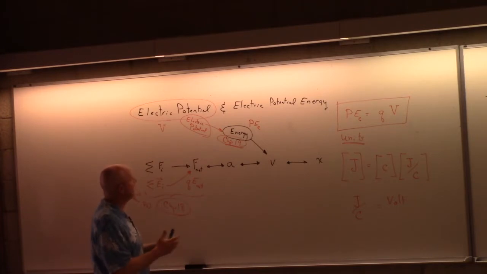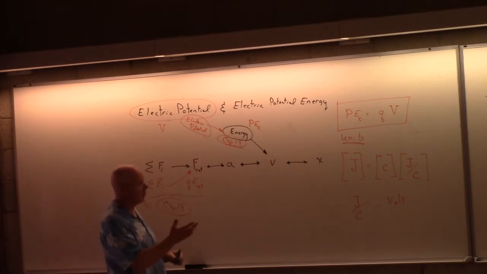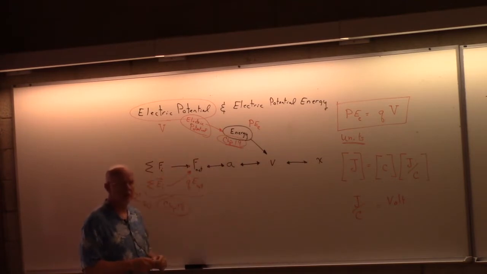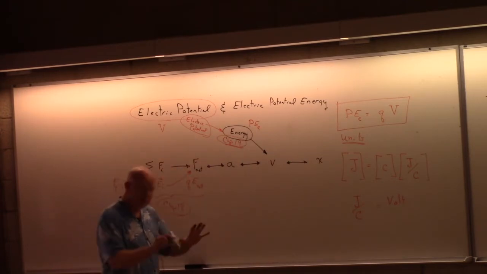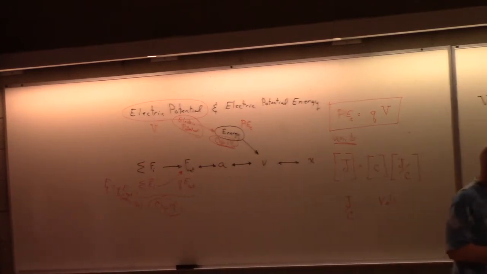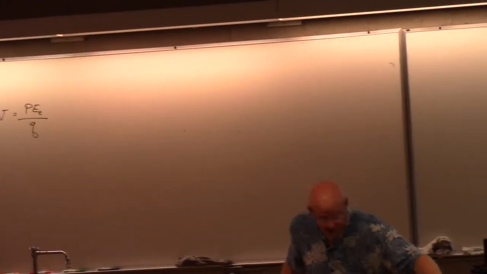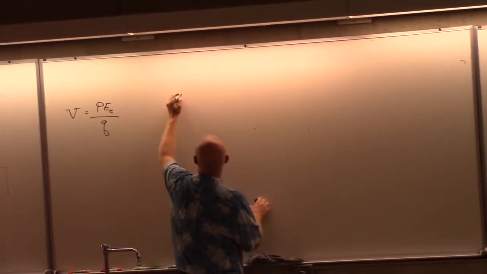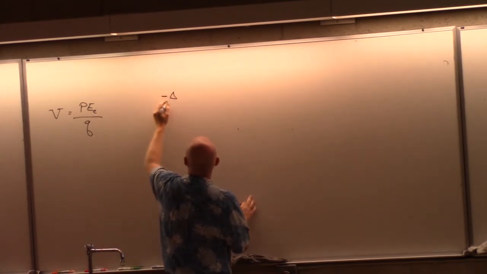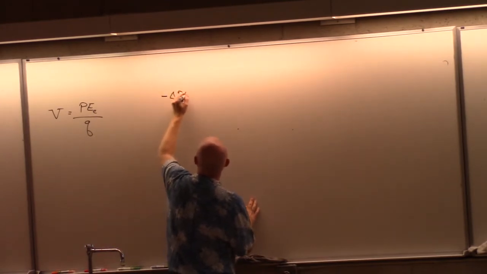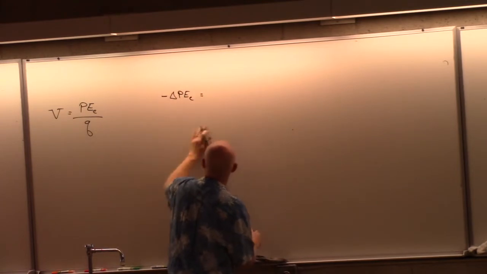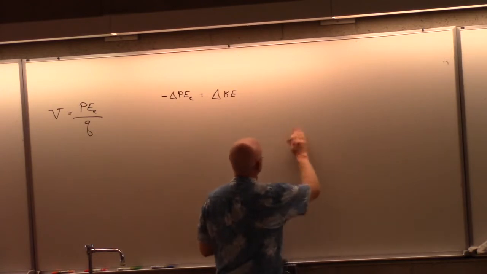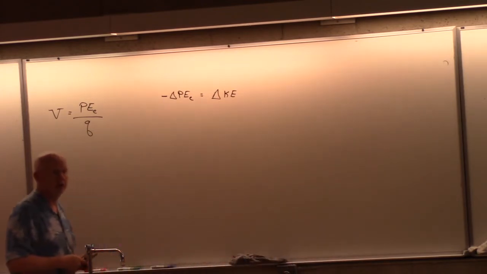And so I guess I need to ask then this first question here. What would be the electric potential as it moves across? Well, let me build up to that, because I'll start off with this little piece and say, if I were to do the principle of conservation of energy, I would say the change in the electrical potential energy, or the negative of the change, is equal to the change in the kinetic energy.